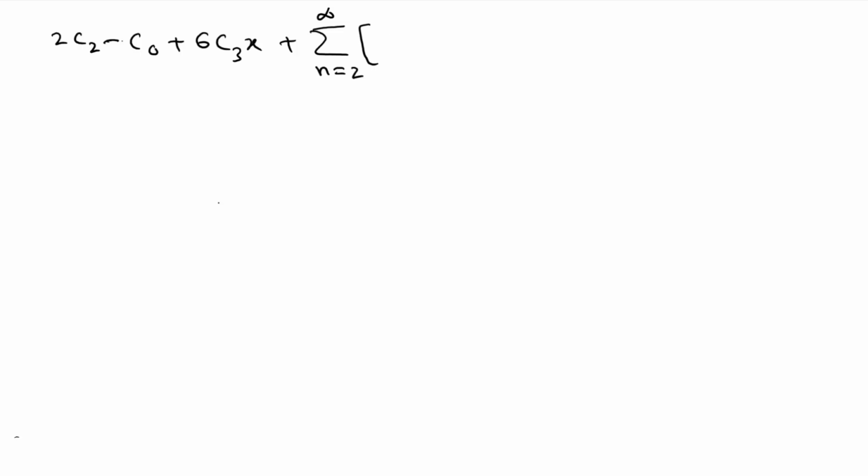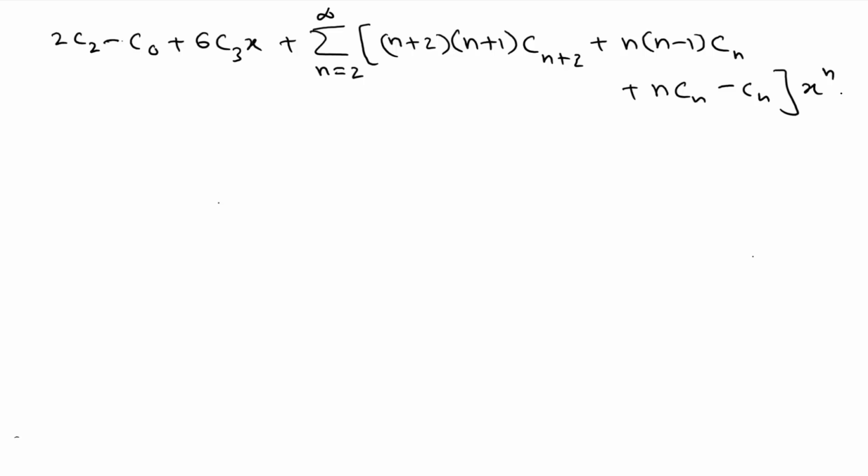We have (n plus 2)(n plus 1)c(n+2) plus n(n minus 1)c(n), and then plus the k term, cn minus cn, everything times x to the n equal 0.